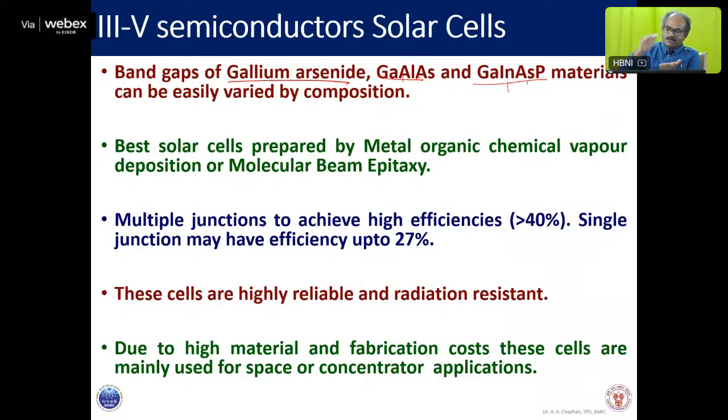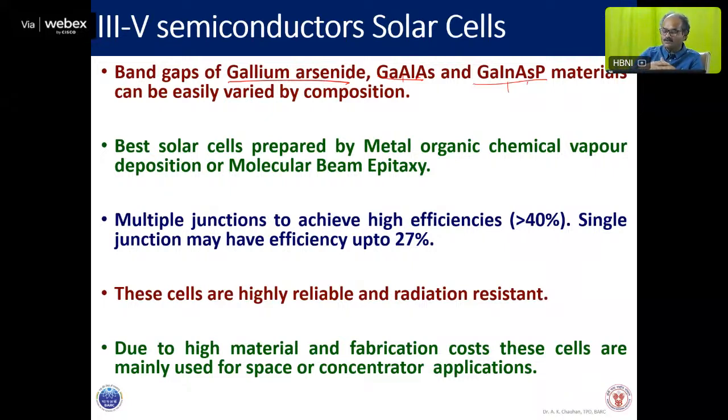What is the advantage? Suppose you have a high band gap material at the top. What will happen? It will absorb all the energy up to that band gap and pass the remaining, which would otherwise go to waste. There is another material below that, having a lower band gap, and it will absorb the remaining.